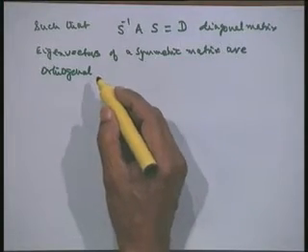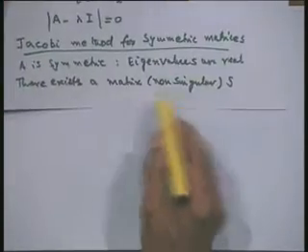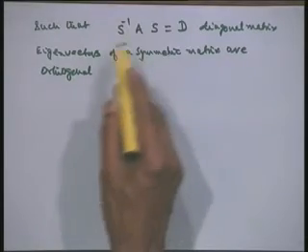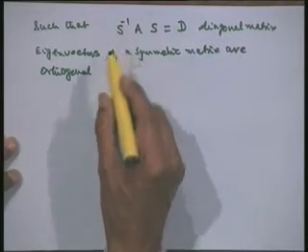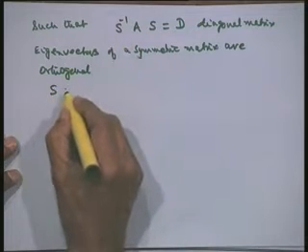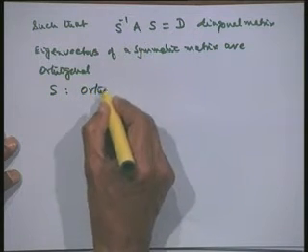Therefore, the matrix that we are constructing, this non-singular matrix which reduces A to the diagonal form, is an orthogonal matrix.